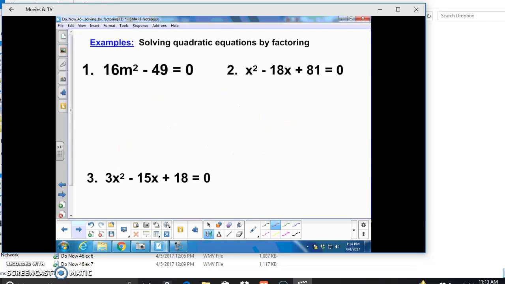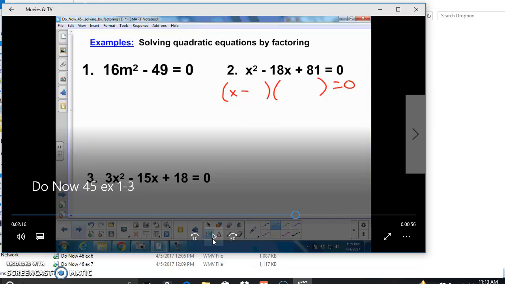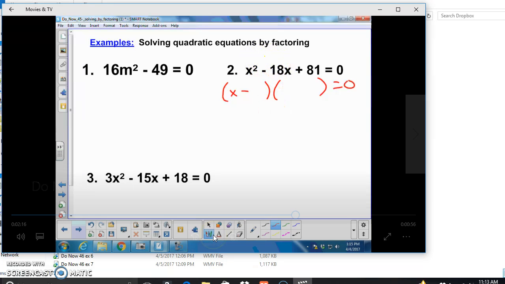All right, let's look at number 2. It's not a difference of squares. Nothing will factor out, so we're ready to just start factoring it. x and x, and two terms that we can multiply together to get a positive 81. In order to get a positive, you've got to multiply a negative times a negative or a positive times a positive, but to get a negative when you add them, you're going to have to do the negative plus the negative.